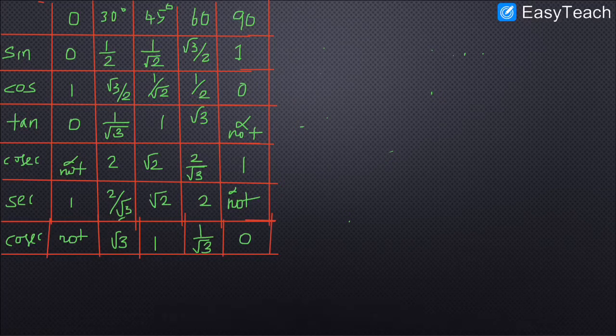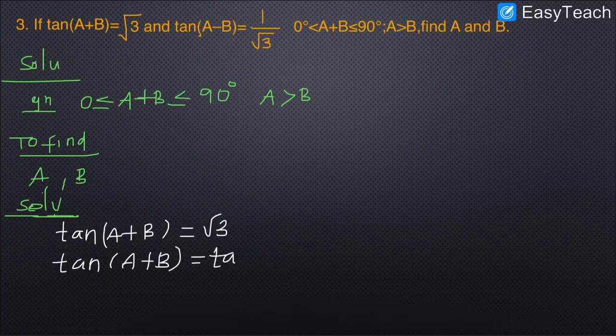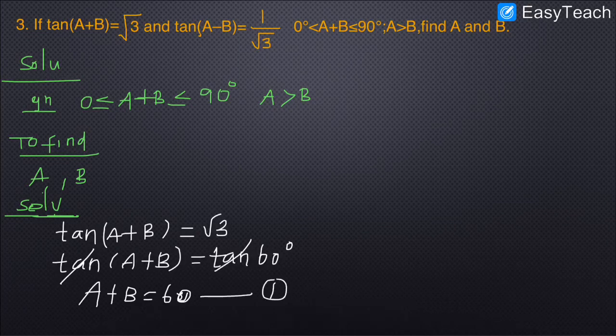Next I take the second equation, tan of a minus b equals 1 by root 3. This time tan 30 is 1 by root 3. Let's cancel again, so a minus b equals 30. This is the second equation. Look at both equations: we have a plus b, a minus b.